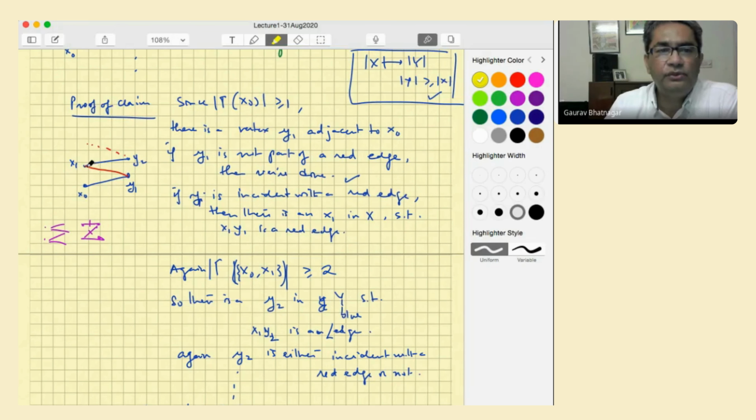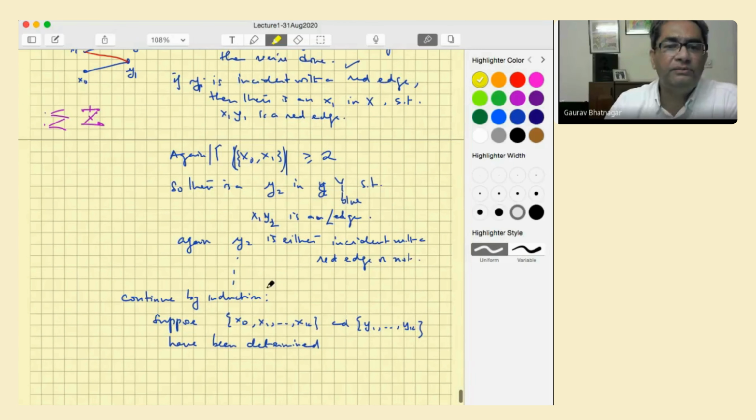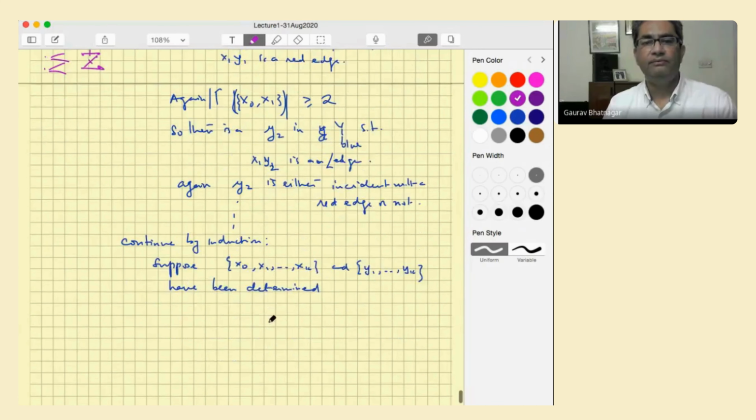So if there's an x1 there, you get this. This is clear. Now x0, x1, there are at least two vertices in capital Y which are incident with these. So we find a y2. And again, it's not part of the matching, because the matching can only have one edge over here. So there has to be something else. So it's a blue edge, and now it works. So I think it gets resolved.